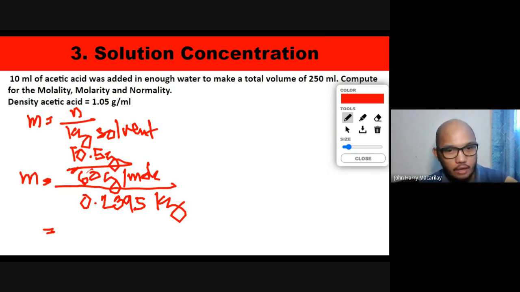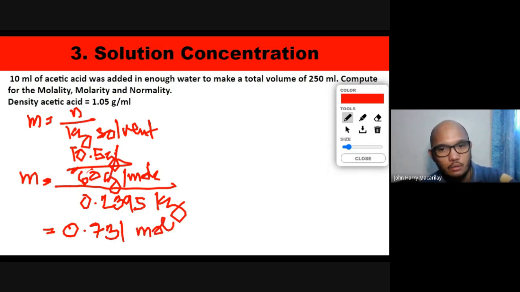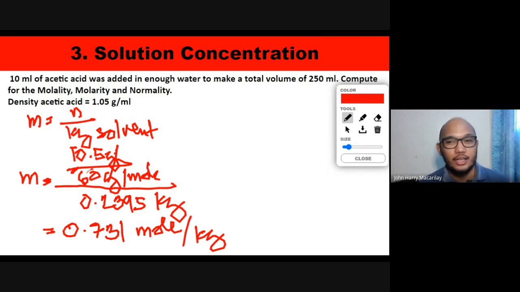To 3 decimals, it is 0.731. Cancel the unit of grams, so the unit is moles per kilogram. It means that in every kilogram of the solvent, it contains 0.73 moles of acetic acid. Right? That's for its interpretation.